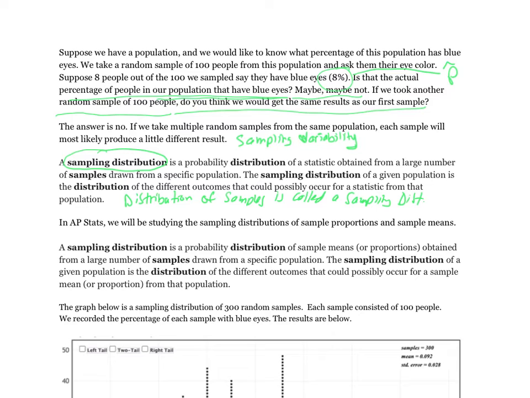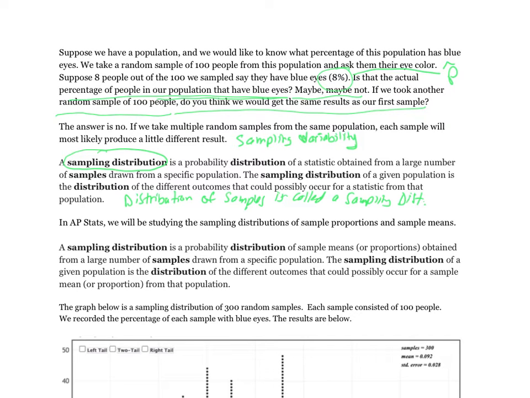In AP Stats, we will be studying the sampling distributions of sample proportions and sample means. So it would be useful to know, if you take multiple samples from a population, how will those samples behave? Is there a way we can describe how those samples behave? And could we use all those samples to learn something or infer something about our population?